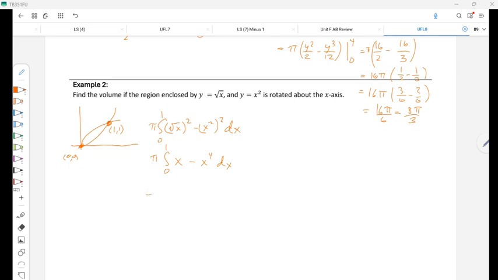That's not too bad. x squared over 2 minus x to the 5th over 5 from 0 to 1. Got 5/10 minus 2/10, so it's 3 pi over 10.